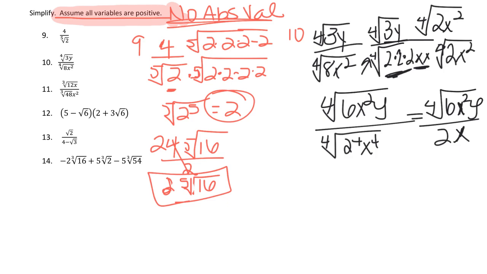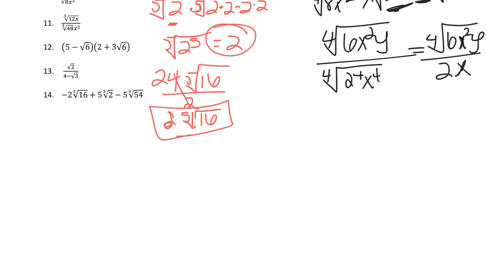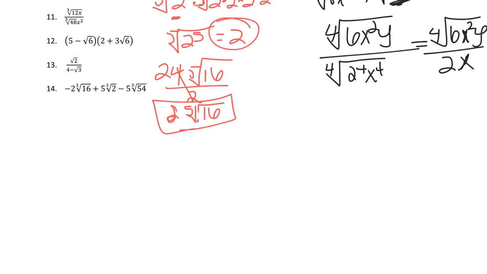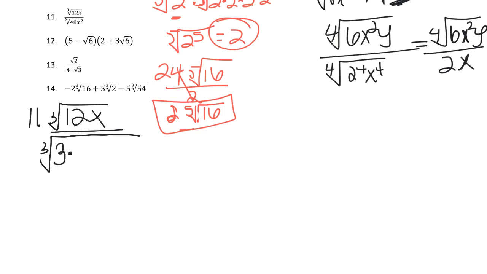Let's move these things up here. Number 11. The cube root of 12x over the cube root of 48. Let's write 48 as 6 times 8, and 6 is 3 times 2, and 8 is 2 times 2 times 2.